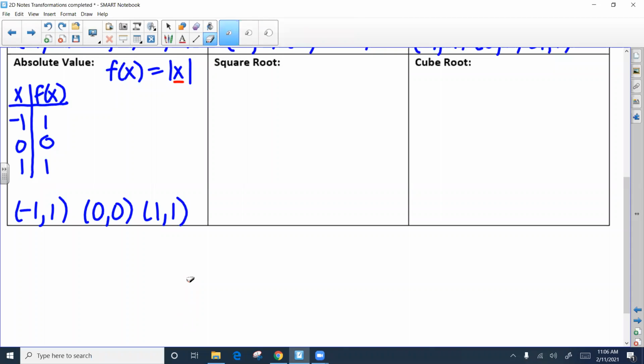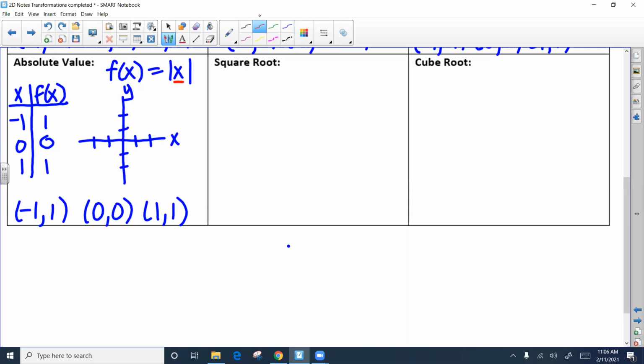So you might notice the absolute value function has the same points as the quadratic function, but it's going to be a different shape. All right, so let's draw this in. Draw in your X and Y axis. And draw in a couple tick marks in each direction.